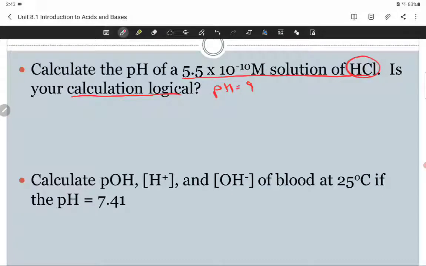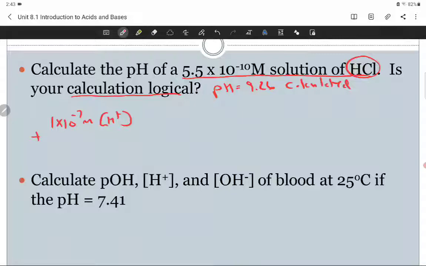Well, you know what? I'll write that down, calculated. But what you forgot to add was there's always, now we're assuming 25 degrees Celsius, there's always that much hydronium in the water.